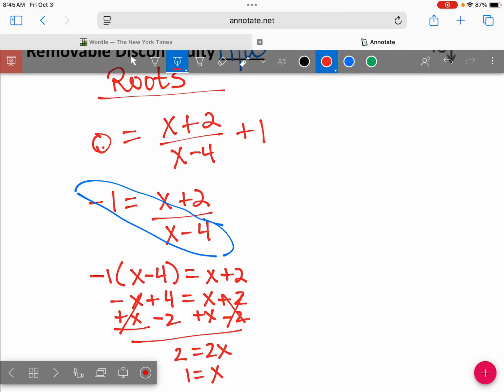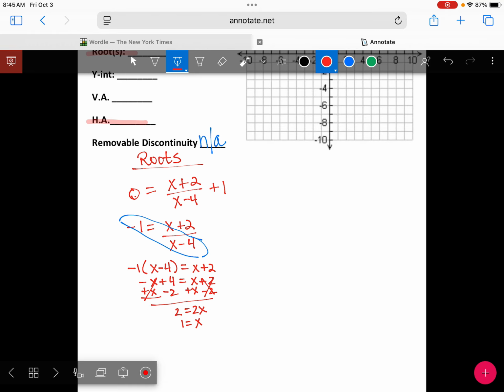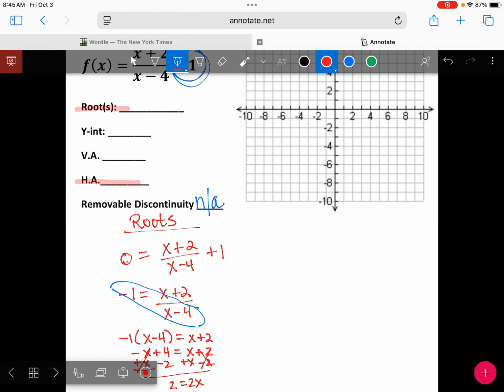So we should get x equals 1. So that's my root.